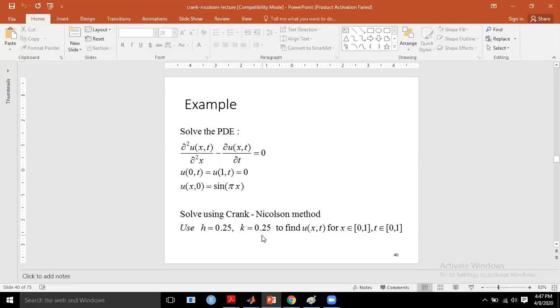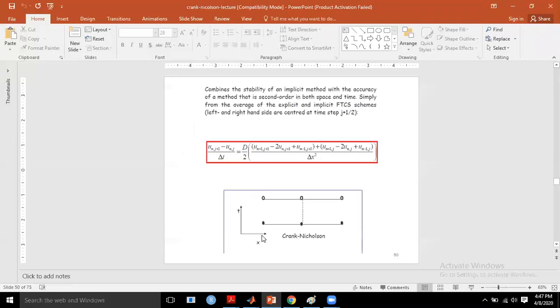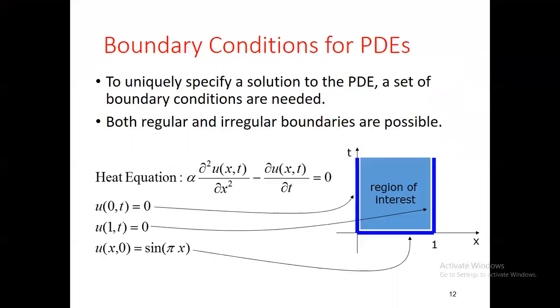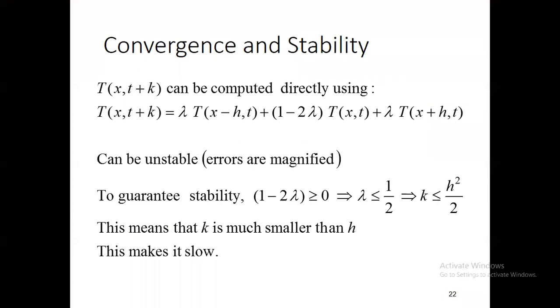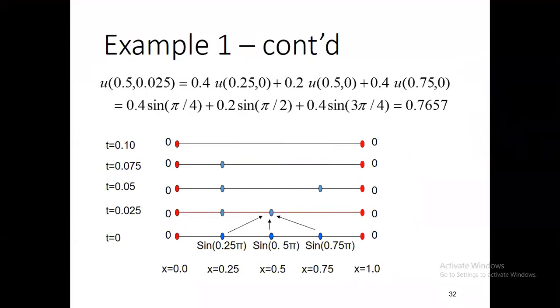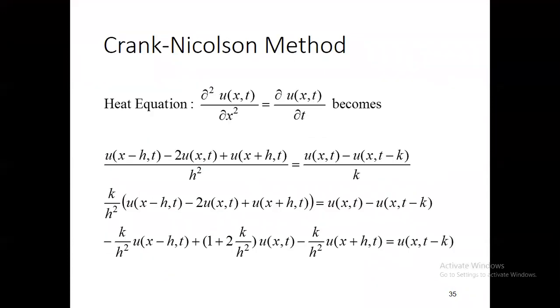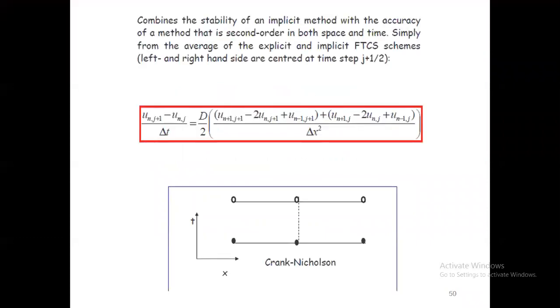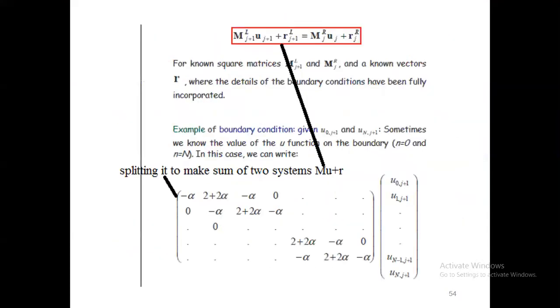Okay, now let us go to the stability analysis of the averaged Crank-Nicholson scheme. Because it is the average of explicit and implicit FTCS scheme, this advanced Crank-Nicholson, we need to talk about stability analysis.